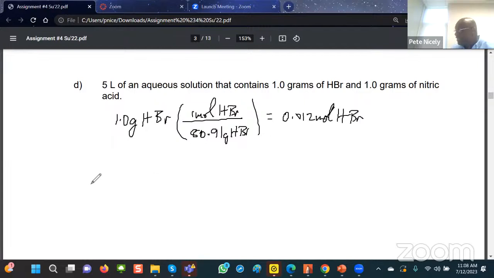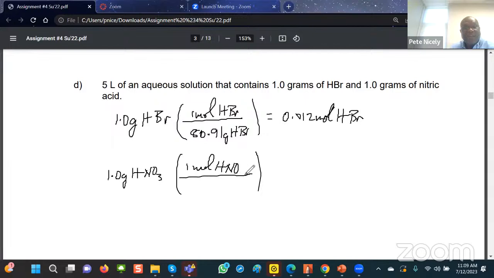And then we do a similar calculation with the nitric acid. Multiplied by 1 mole of HNO3. And down here, the molar mass, which is 63.01 grams of HNO3. And according to my calculations, that works out to be equal to 0.028 moles of HNO3.